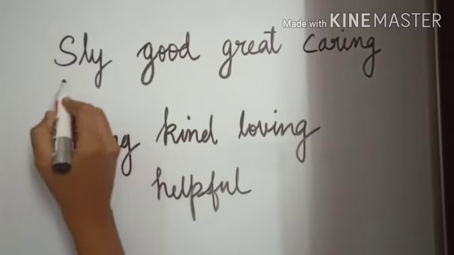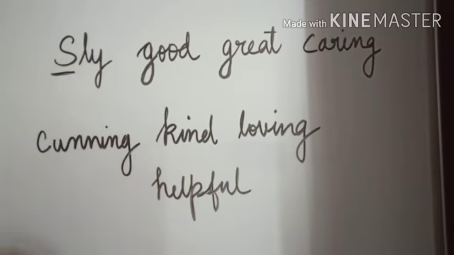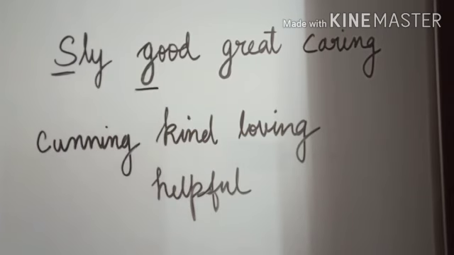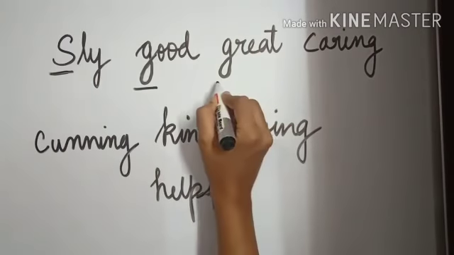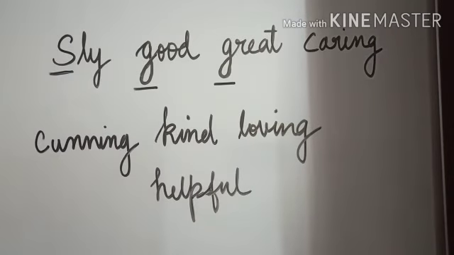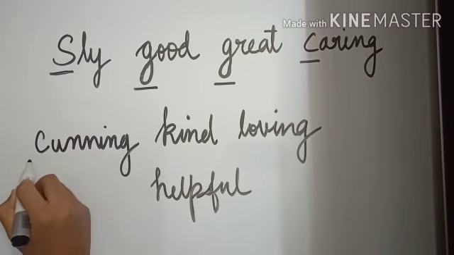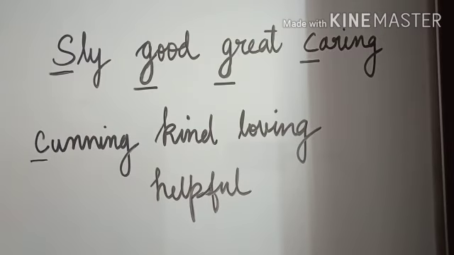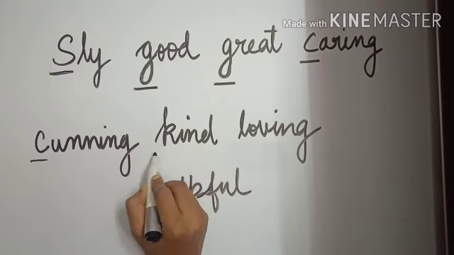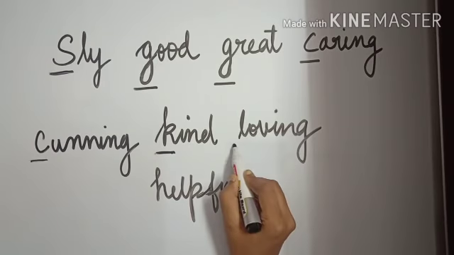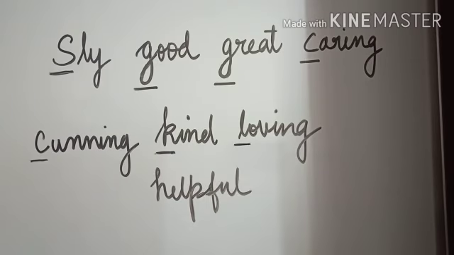The first letter in sly is S. The first letter in the word good is G. The first letter in the word great is G. The first letter in the word caring is C. The first letter in cunning is C. The first letter in the word kind is K. The first letter in the word loving is L. And the first letter in helpful is H.